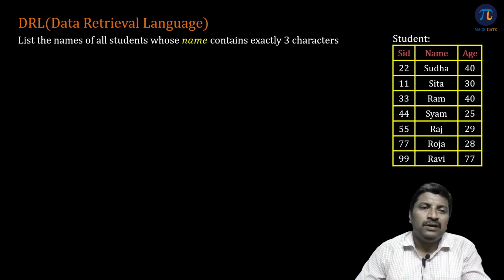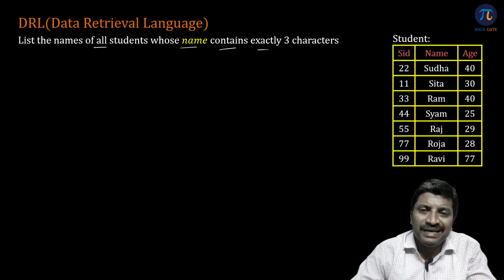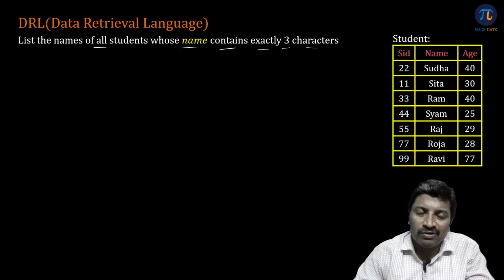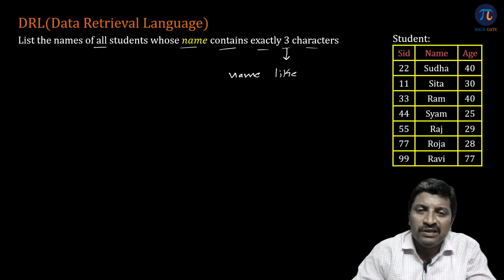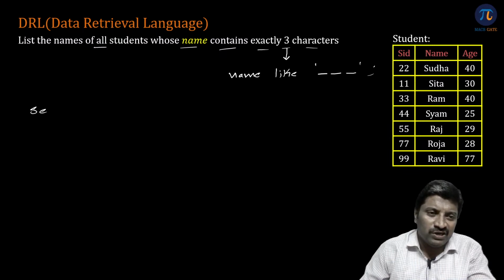The next one: list out the names of all students whose name contains exactly 3 characters. Now I don't know anything, sir, but I know only 3 characters. Simply it is like this: name like, 3 characters, so underscore, underscore, underscore. That's it. So what is the answer for this, sir?